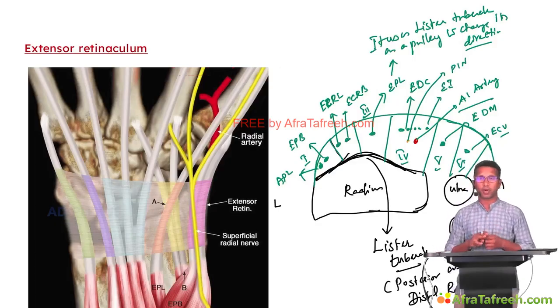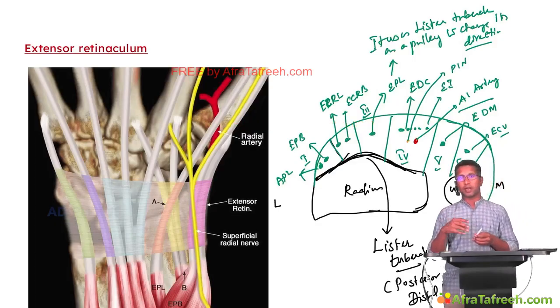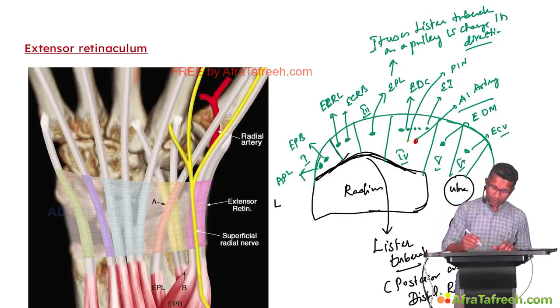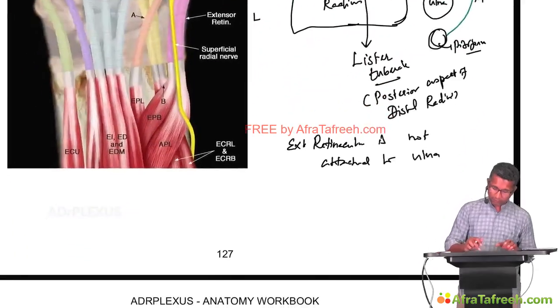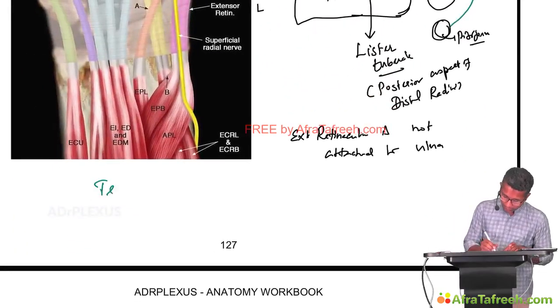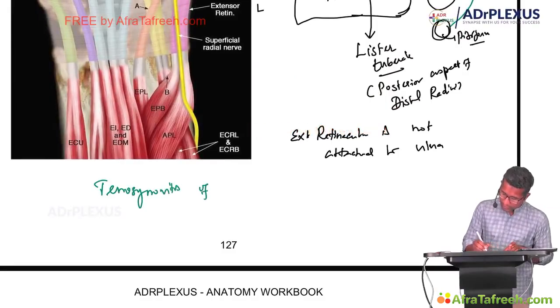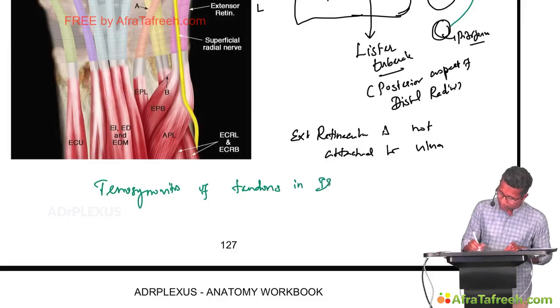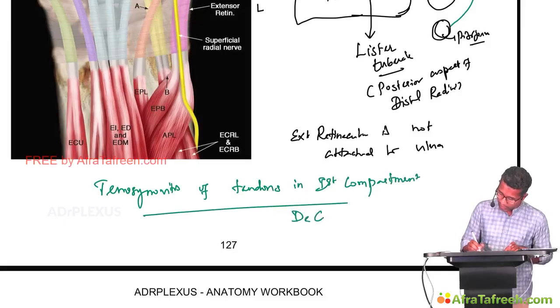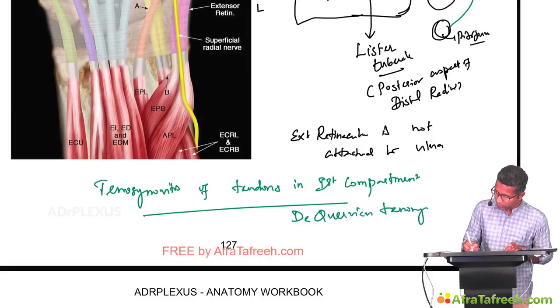Of these 6 compartments, what is the most important compartment? What is the one which goes more in for pathology? It is the first compartment. If you have tenosynovitis of the tendons in the first compartment, it is called De Quervain tenosynovitis.